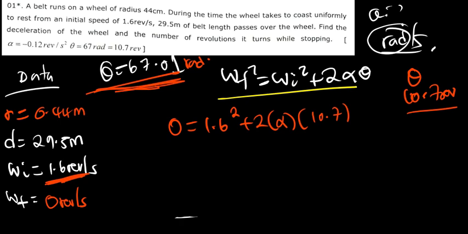If I shift this to the other side, 2 times 10.7 is 21.4. Then 1.6 squared is 2.56.